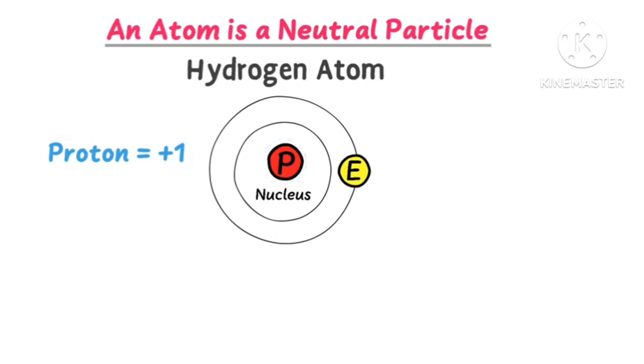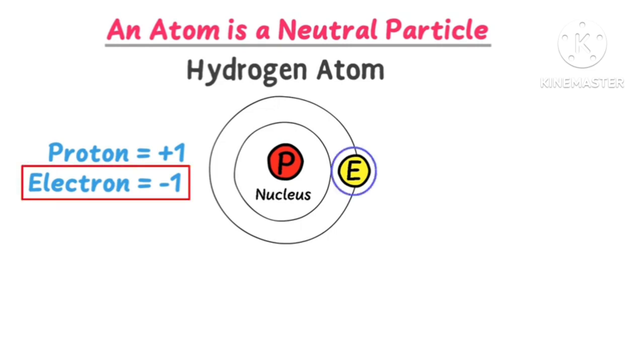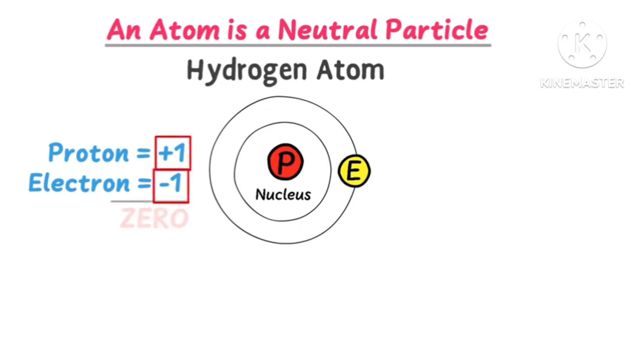And we can write electron is equal to negative 1 because electrons are negatively charged particles. We know that positive 1 and negative 1 cancel out each other. Thus this single positive proton neutralizes this single negative electron.